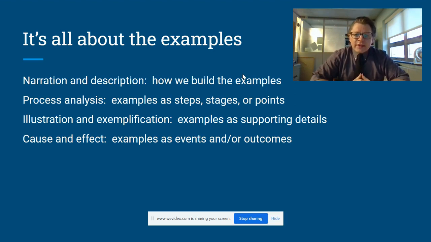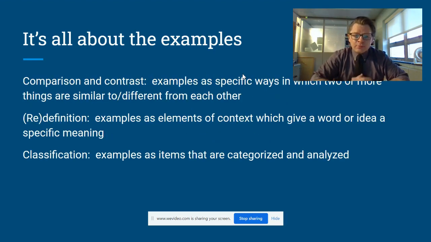Now, looking at the ways that individual rhetorical modes use those examples, process analysis uses examples as steps, stages, or points in a process or within a concept. Illustration and exemplification uses examples as supporting details. Cause and effect uses examples as events and or outcomes.